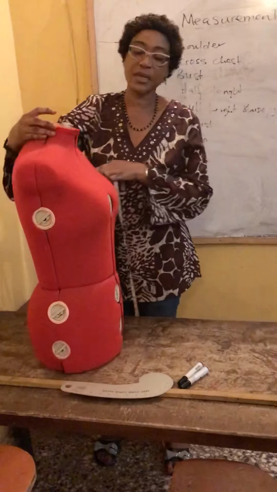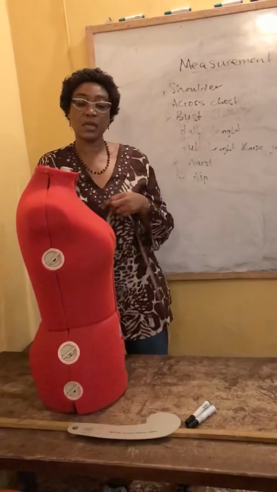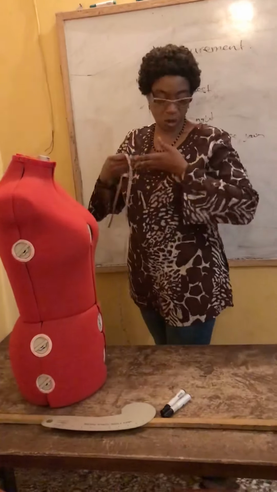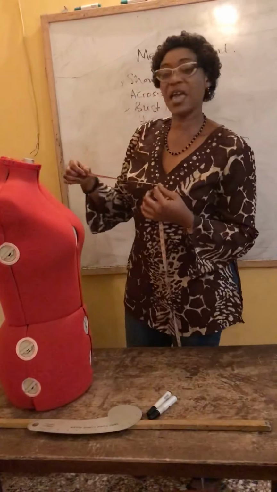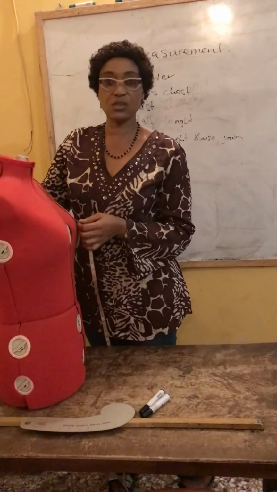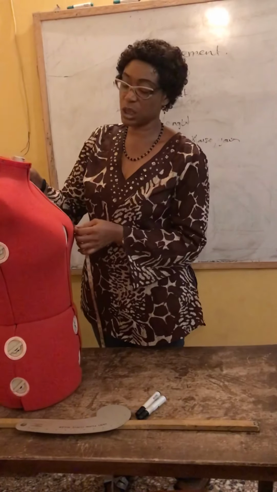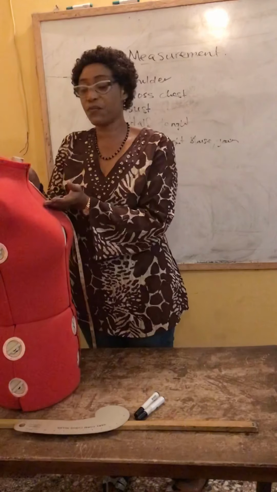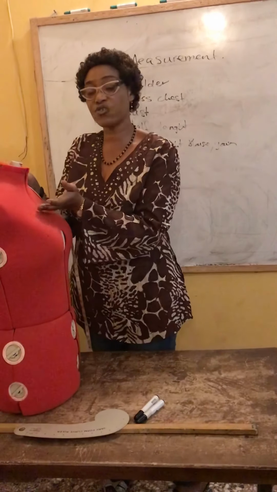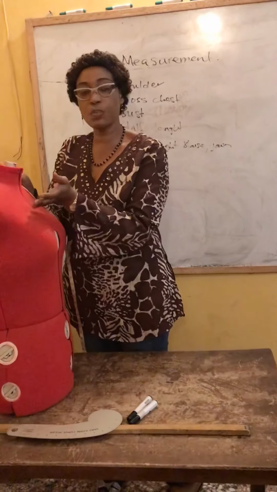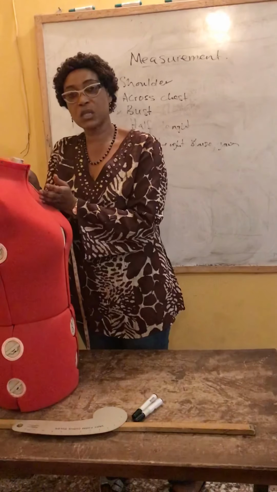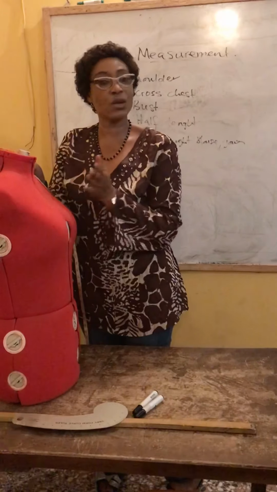And the next one I said is the across chest. How do we take the across chest measurement? Not every dress needs the across chest, but we need the across chest for dresses like the off-shoulder blouses, the tube blouse or the tube gown. All those ones you will need your across chest.